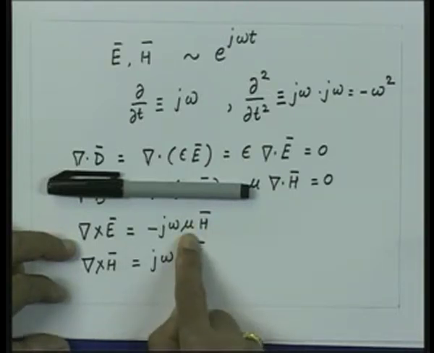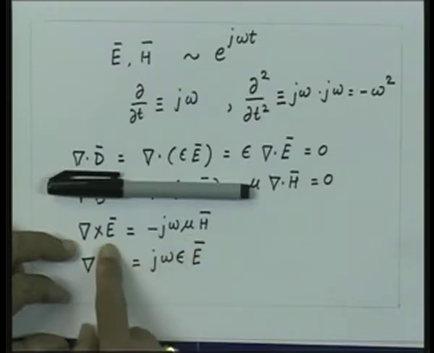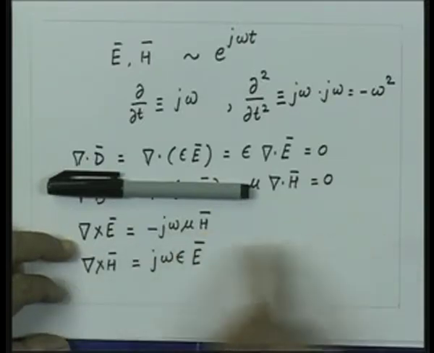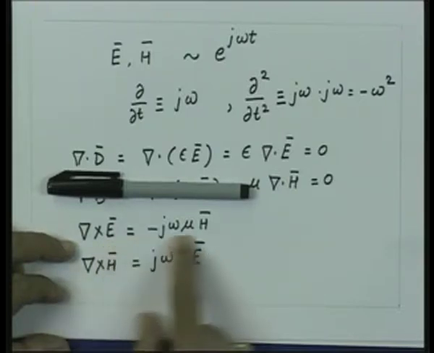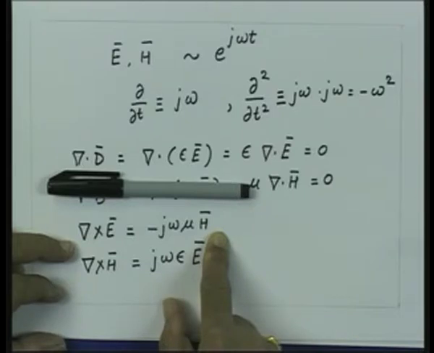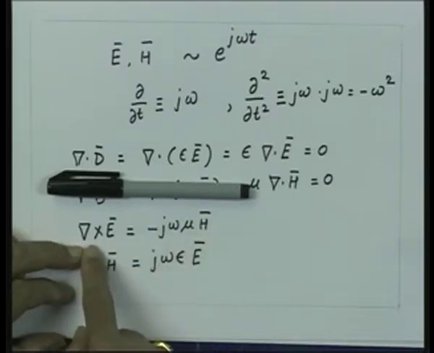So mu, which is permeability, has units Henry per meter, electric field has volts per meter, H is amperes per meter. So if I take that per meter out, then this will be volts, this will be Henry, and this will be amperes. So this equation is identical to the equation which we got for the transmission line.